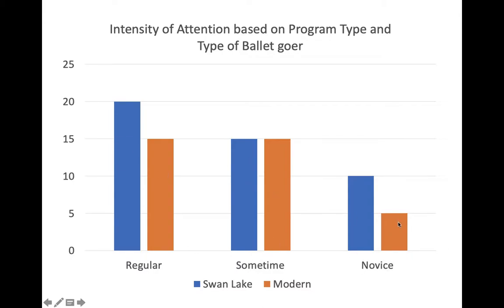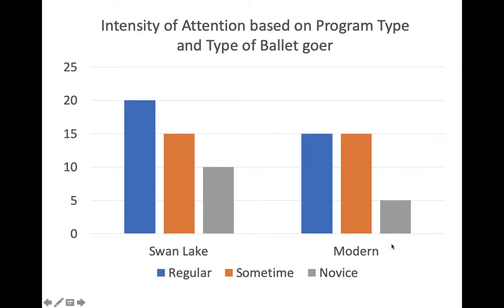This was the more intuitive way for me. Among the regular ballet goers, they're paying greater attention to Swan Lake versus modern. People that go sometimes pay an equal amount of attention, and people that are novice also pay more attention to Swan Lake than modern.